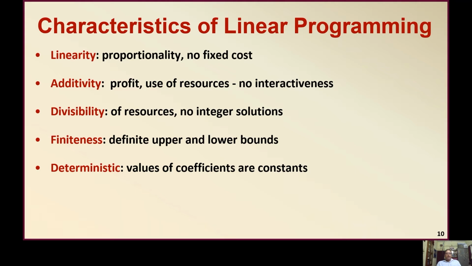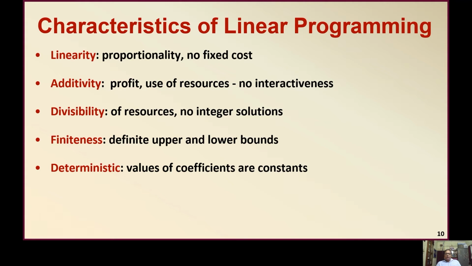We don't have any x square, x cube or x to the power 4 terms. We do not have any logarithmic or exponential or if-then-else kind of terms. And if profit for 1 unit is 2 for a particular activity, then profit for 2 units will be 4. So it is all proportional, and the proportionality is maintained. Fixed cost is not available. So that is about the linearity of the problem.